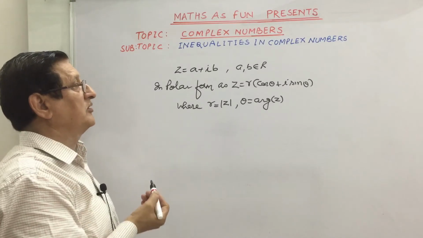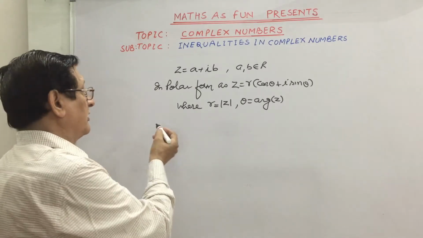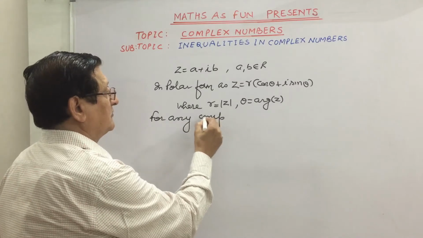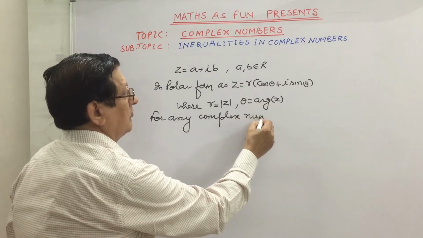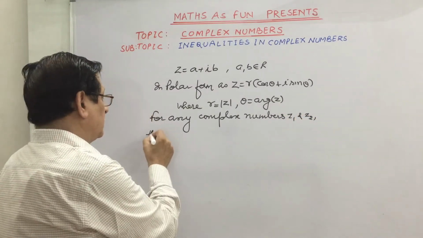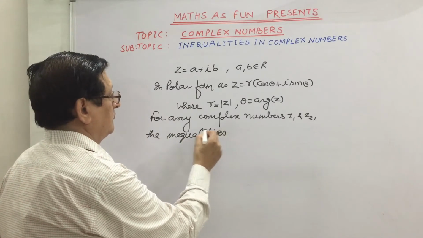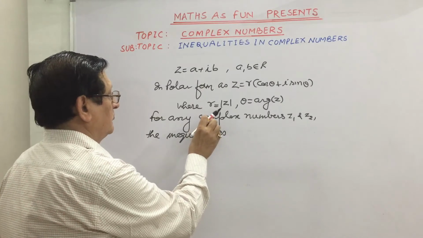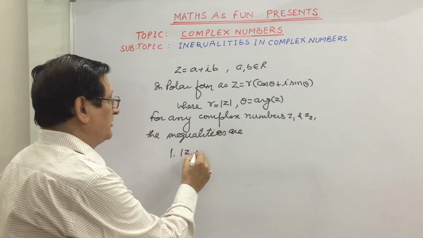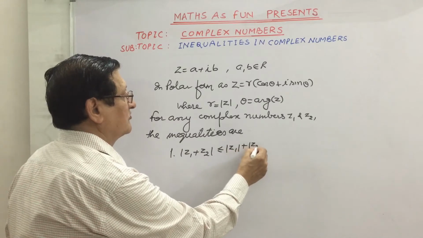We have some properties of inequalities also in complex numbers, and they are, for any two complex numbers z1 and z2, the inequalities are: number 1, modulus of z1 + z2 is less than or equal to modulus of z1 + modulus of z2.